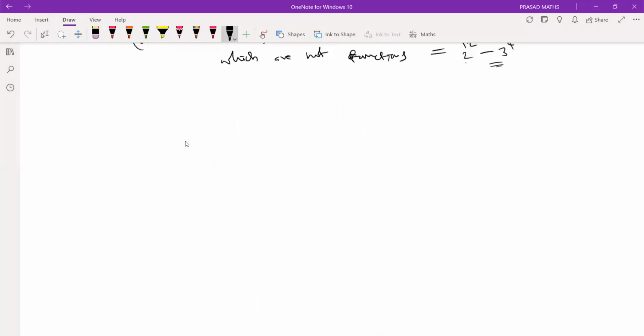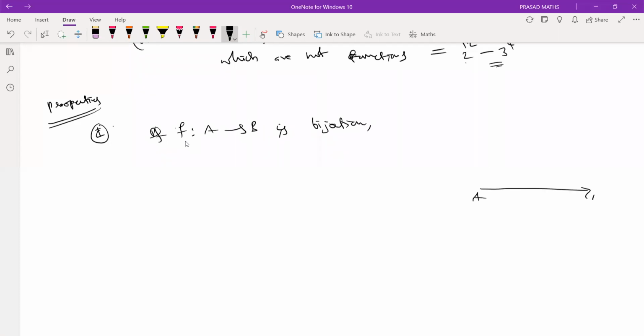Next is some properties. First one: if f is a bijection from A to B, these are very, very important when you are working with linear algebra and vector spaces. Whenever f is a bijection, its inverse is also a bijection, so their composition is meaningful.